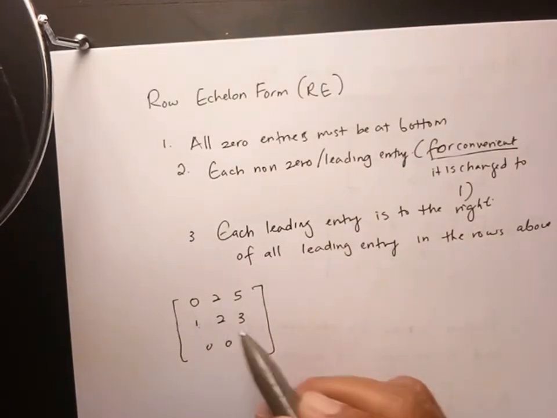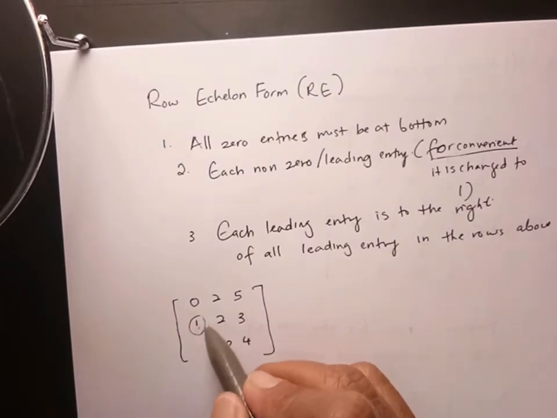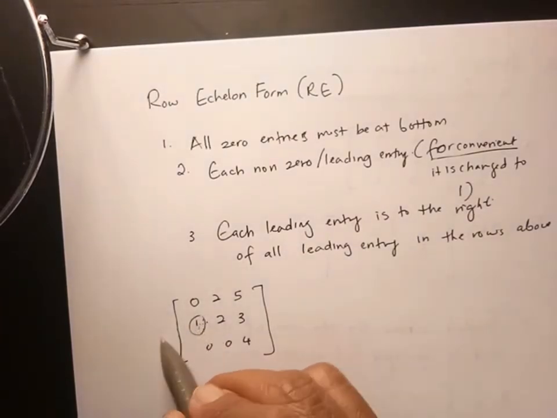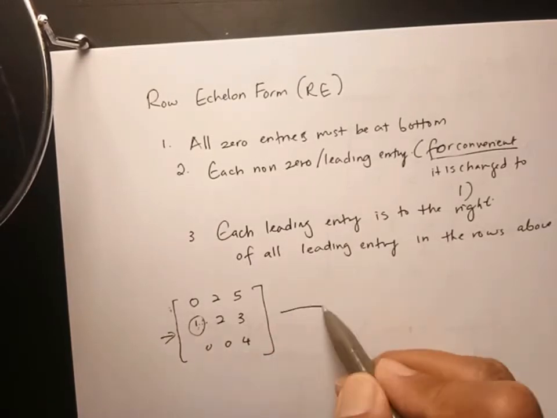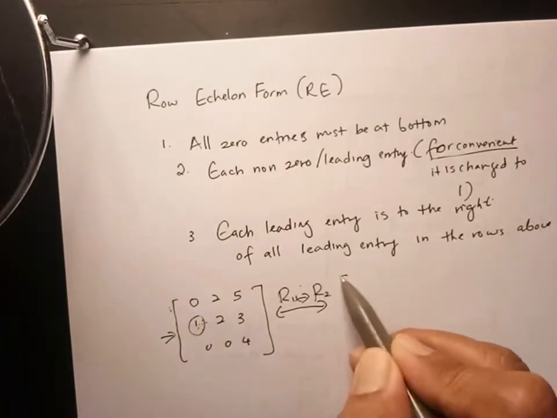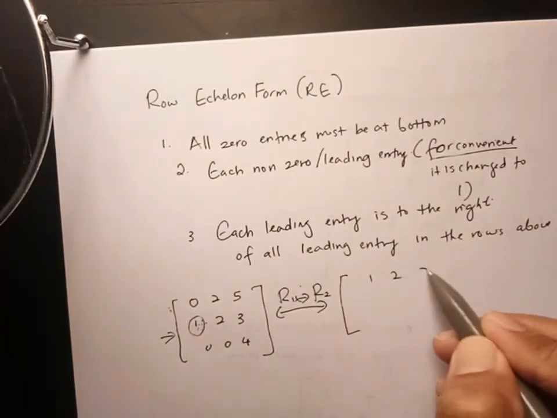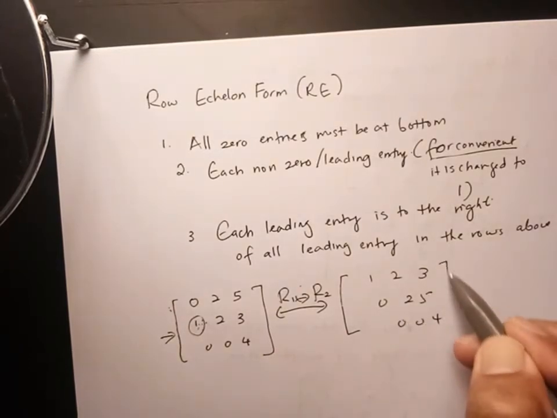So we must make the row with the leftmost leading entry the first row, meaning we interchange row 1 and row 2. It becomes 1, 2, 3, then 0, 2, 5, and 0, 0, 4.